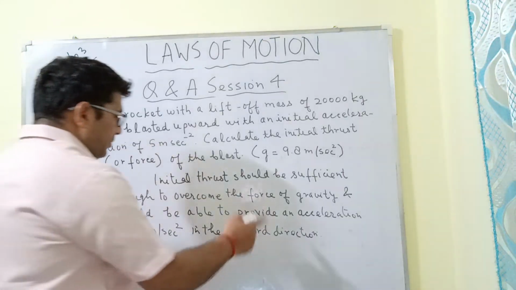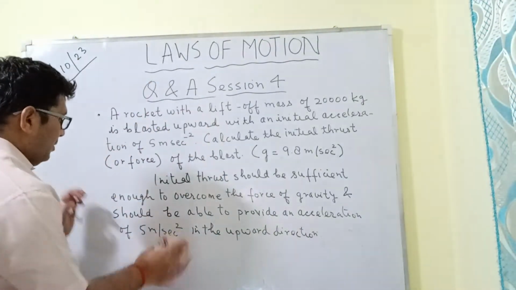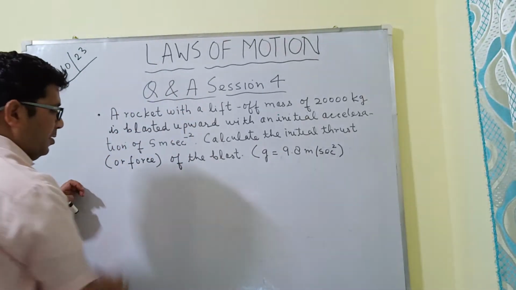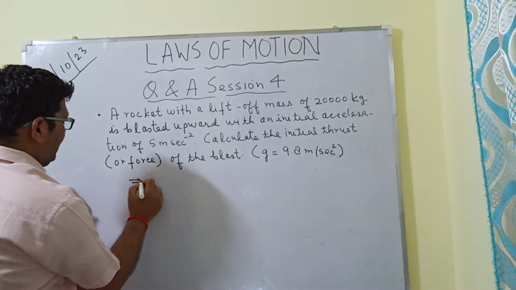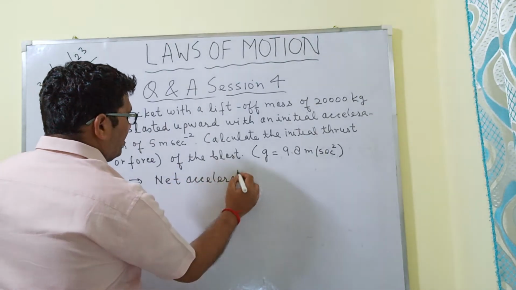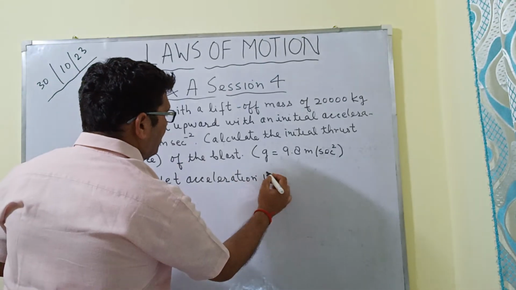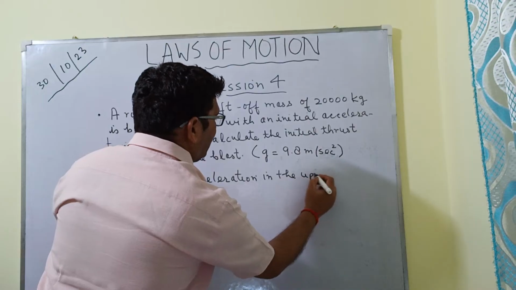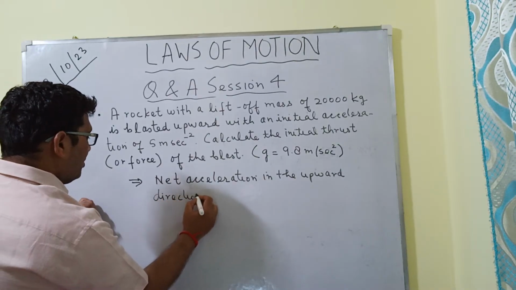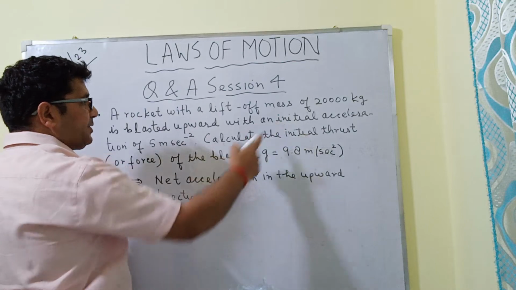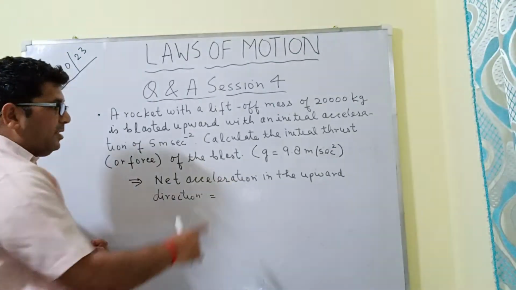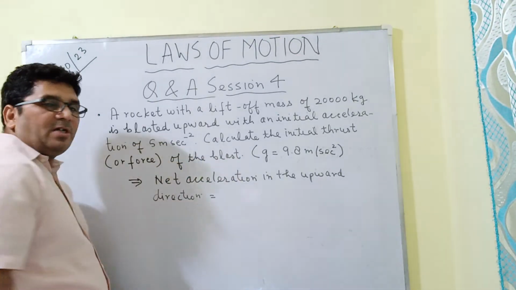So it implies that the net acceleration in the upward direction will be equal to this acceleration of 5 meter per second square plus the acceleration due to gravity, because this initial thrust has to overcome the force of gravity.